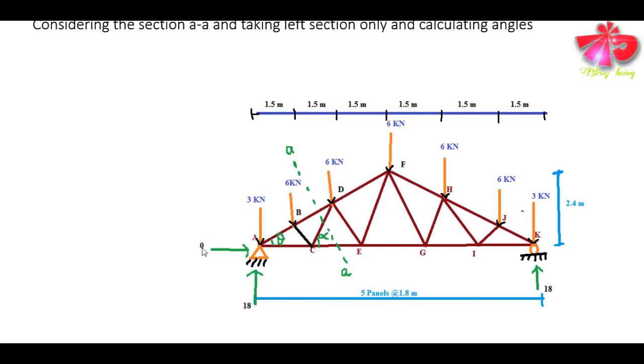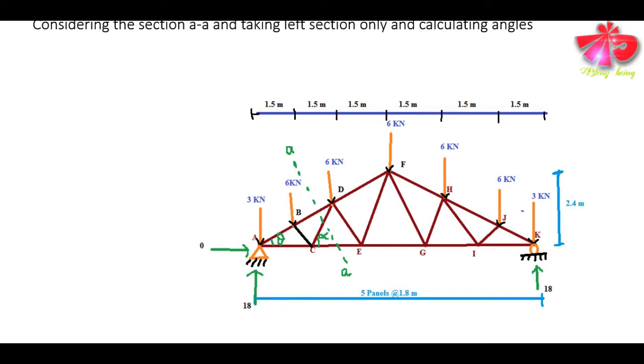After calculating the support reaction, now we shall cut the section. For cutting the section, we need to be sure that the cut section has at most 3 unknown members, so as to use the equilibrium equations: summation of forces in x direction equals 0, summation of forces in y direction equals 0, and the moment about any point equals 0.